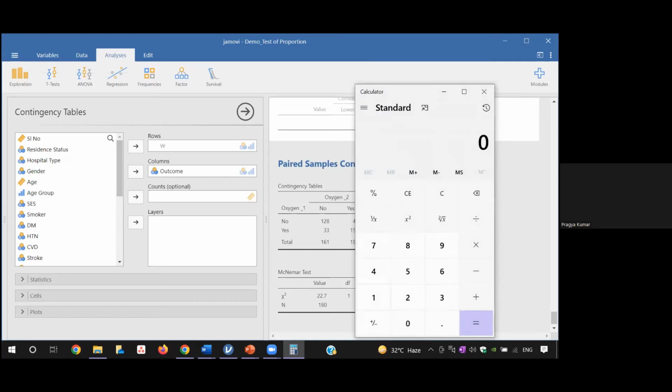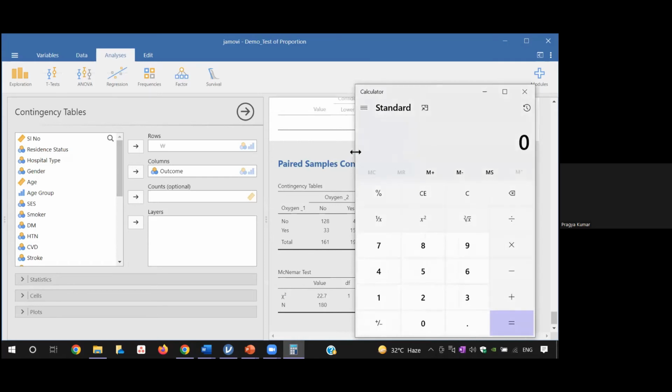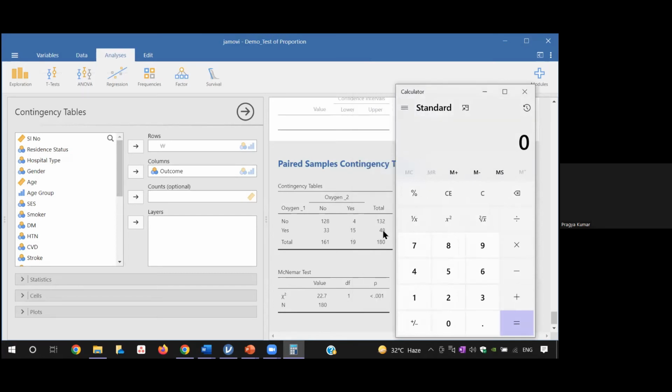So the total number of individuals who were requiring oxygen at the time of admission was 48. So 48 divided by 180. So a total of 26.6% of the individuals were requiring oxygen at the time of admission.